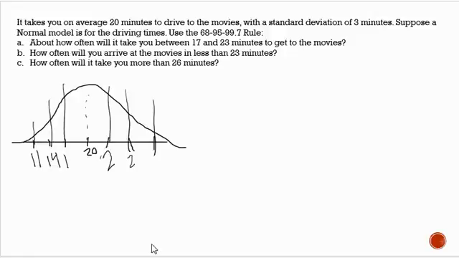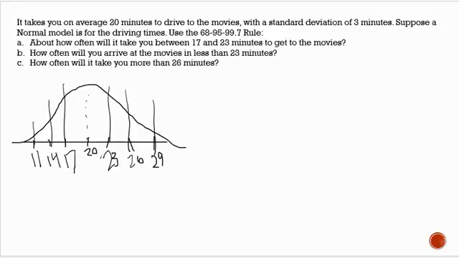So question A, about how often will it take you between 17 minutes and 23 minutes? If you think about your normal model, that means it is between 17 and 23.